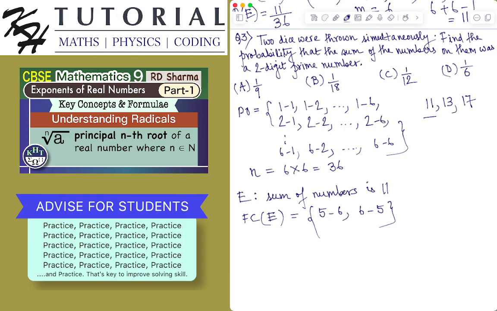So two possibilities. So m, small m, that is the number of possible outcomes which is favorable to the event, is 2. Hence, probability of the event E is m by n, which is 2 by 36, which is 1 by 18. 1 by 18 is the probability.